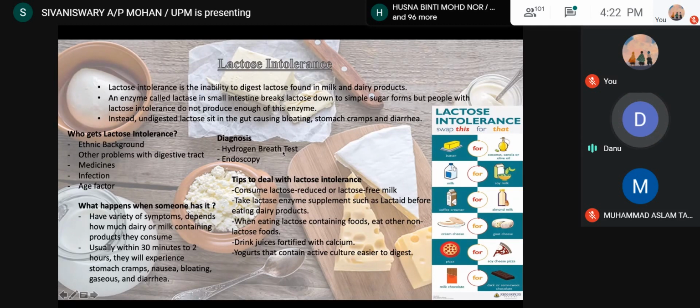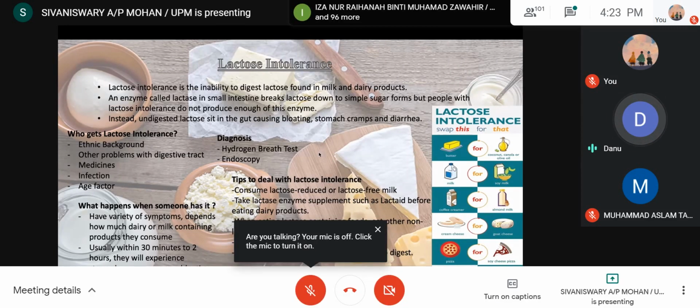Doctors can test for lactose intolerance by using the hydrogen breath test. Normally, very little hydrogen gas is detectable in the breath. However, undigested lactose in the colon ferments, which means it breaks down and produces various gases, including hydrogen.